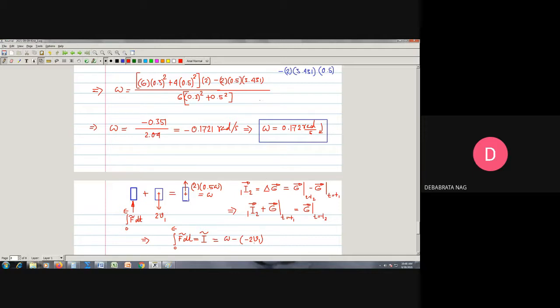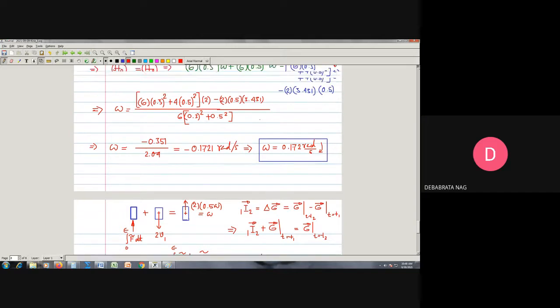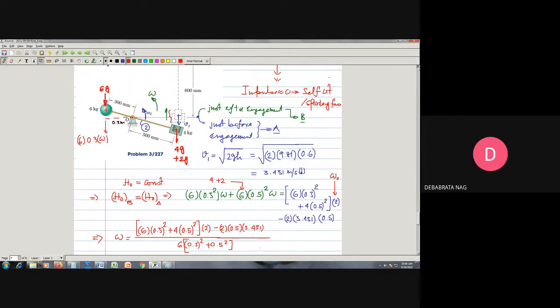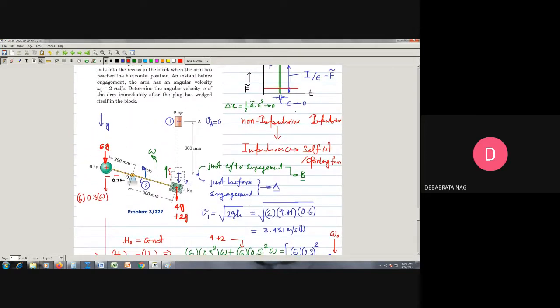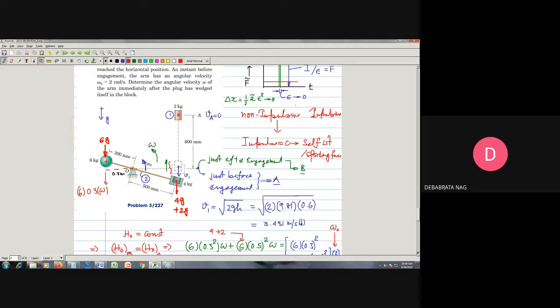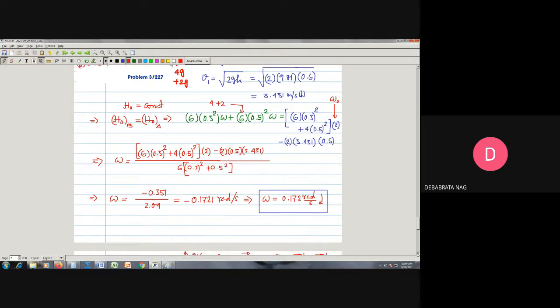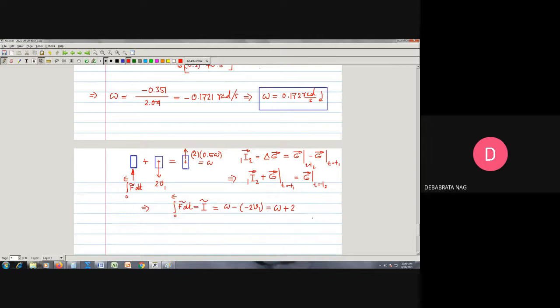So I write it in this manner. It means it is omega plus 2 into V1, and this V1 value has been taken to be 3.431. So we can say this is 2 into 3.431. That is going to be my first equation.